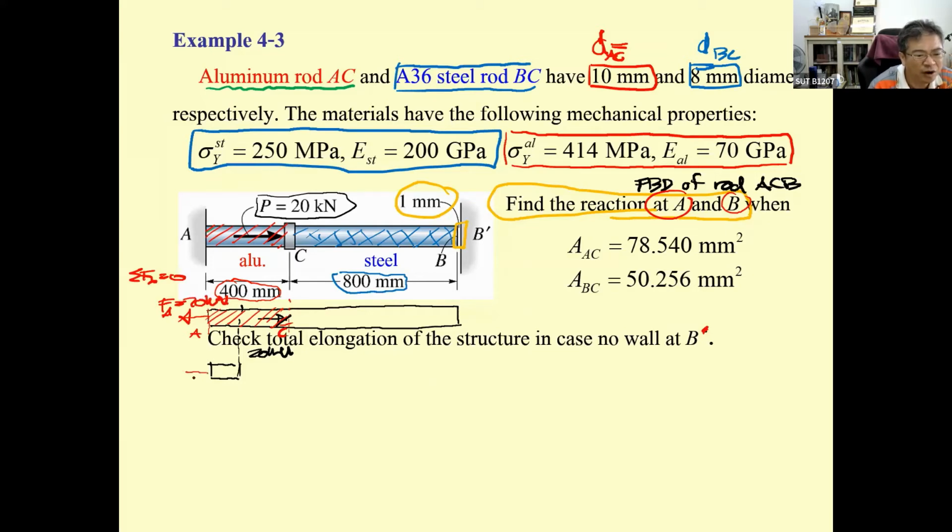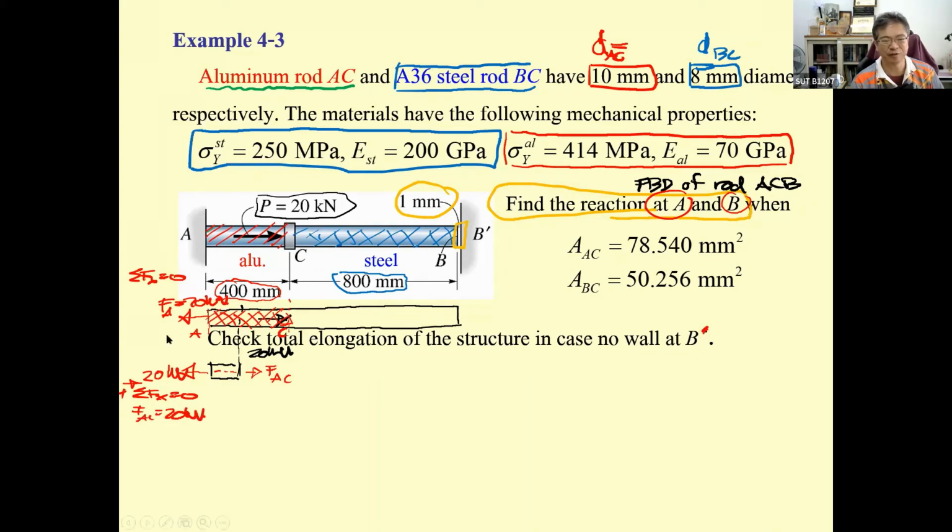So the free body diagram of the member AC, this is going to be 20 kilonewton, and this is going to be F sub AC. Again, summation of F sub x equal to 0. F sub AC is 20 kilonewton.